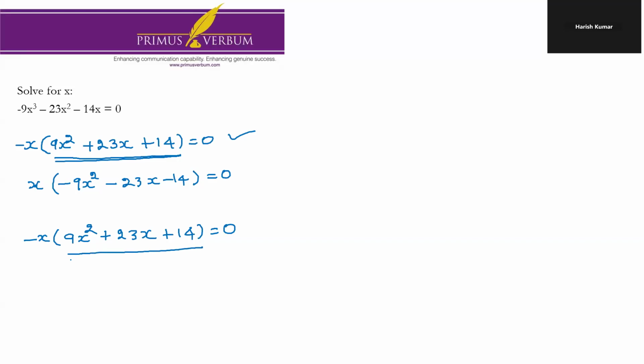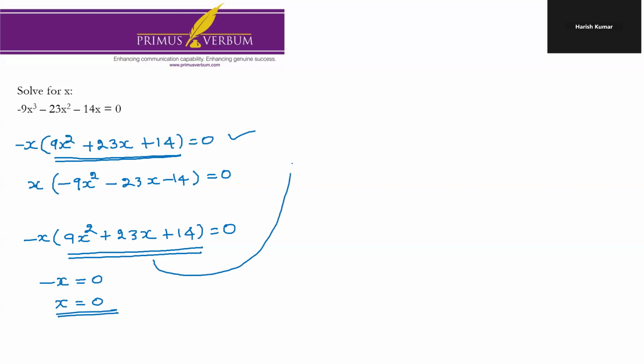The net result of this factorization procedure is we get a quadratic equation within the brackets, and we have minus x outside. Given the zero product property, we can equate minus x equal to 0. That means x is equal to 0, and this is one of the solutions.